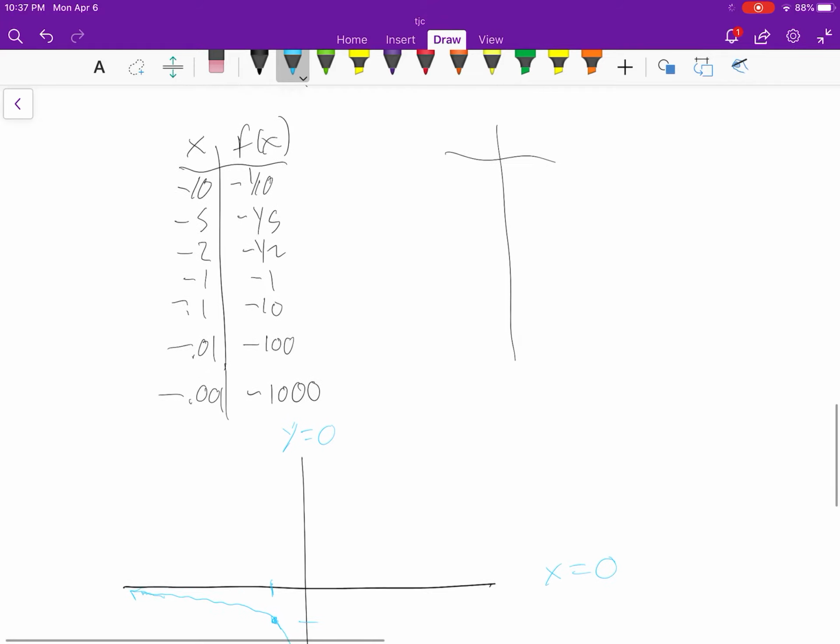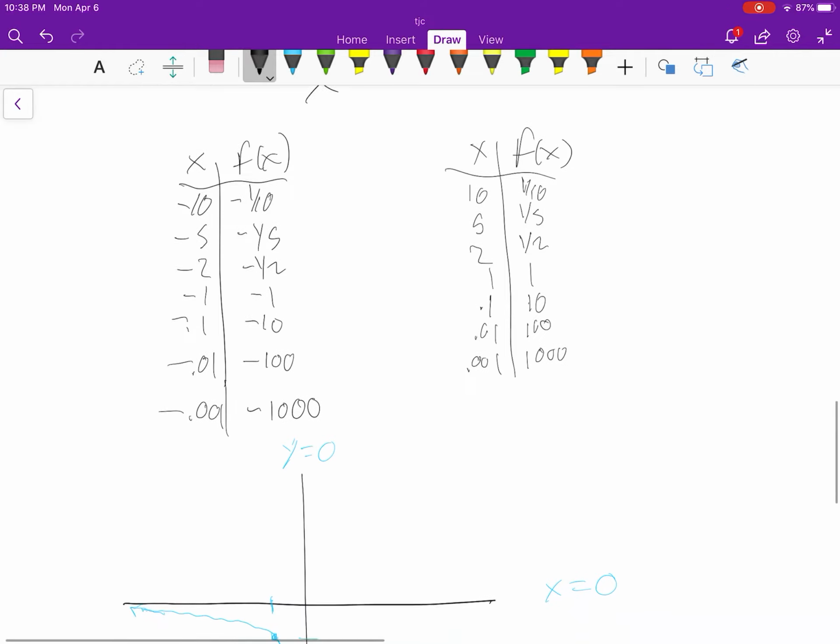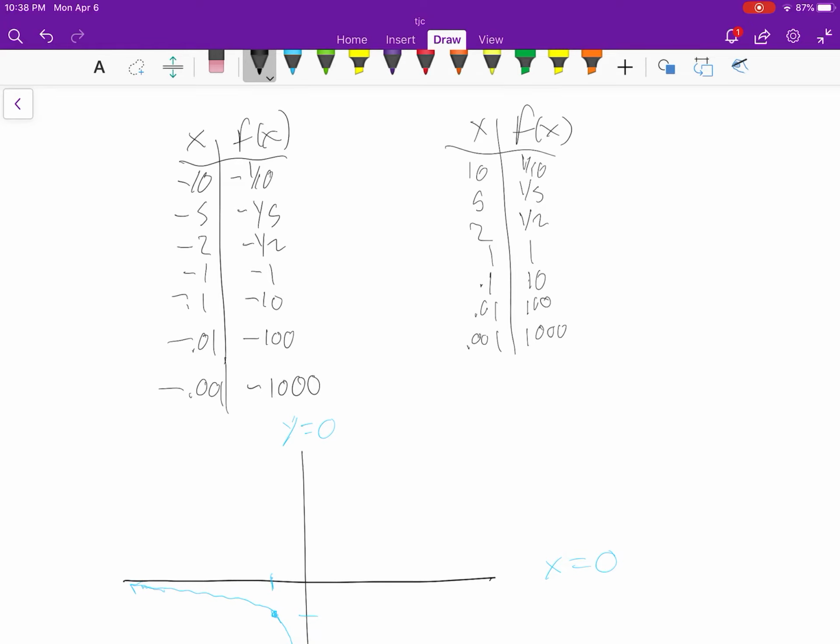Now let's do the positive side. So now we're going to choose positive values of x. So we'll do 10, 5, 2, 1, 0.1, 0.01, 0.001. So 10 is going to give you 1/10. 5 is going to give you 1/5, 1/2, 1, then 10, 100, 1,000. So notice it's doing the same thing, it's just on the positive end.